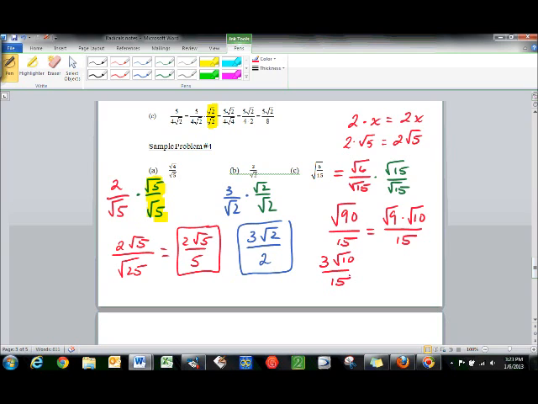Again, this looks like we might be finished, but remember, the square root of 10 is kind of like a variable here. The 3 and the 15 can actually be reduced to 1/5, and of course the 1 is understood, so the final answer is the square root of 10 over 5. So that is a more involved problem, but a lot of the radicals that you're going to have to deal with are a little bit more complex, like part C is.